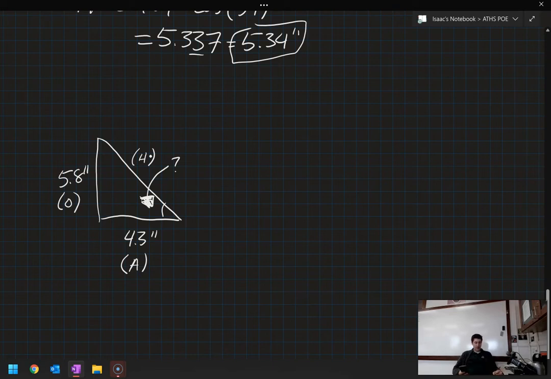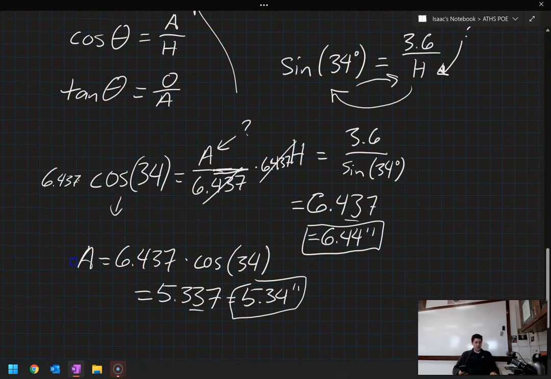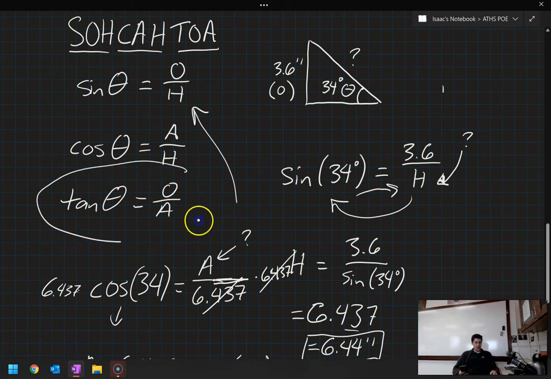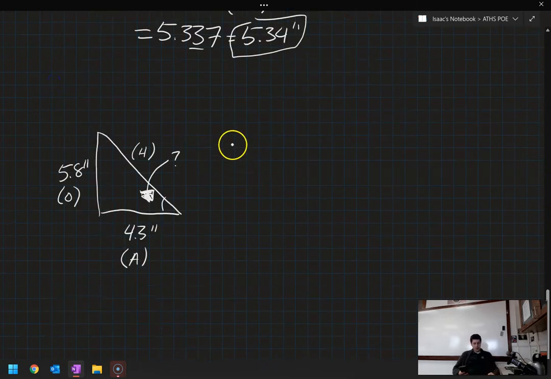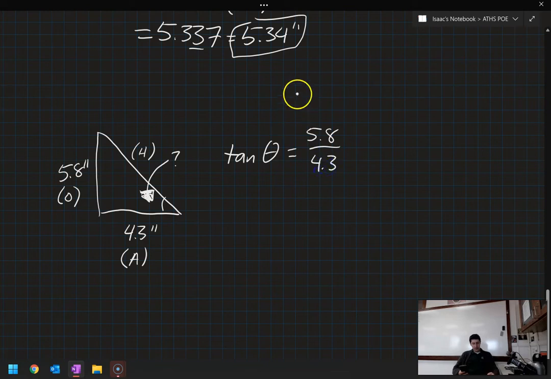Okay, so given that I know opposite and adjacent, I'm going to use tangent, because that's the one that has O and A in it. So let me write that out. So tangent of theta is equal to O over A, so that's going to be 5.8 divided by 4.3. And in this case, my unknown is theta.